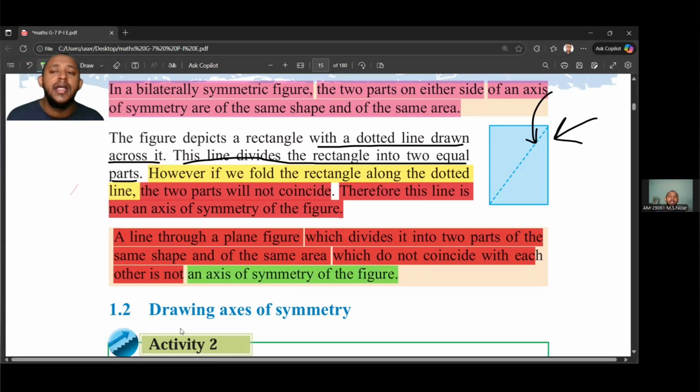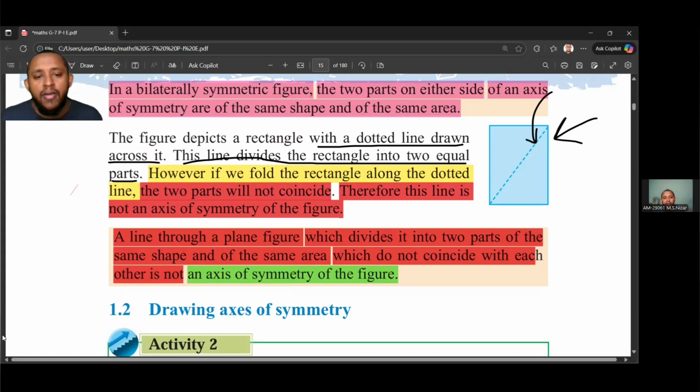You can't consider it as an axis of symmetry. It's true you will have equal parts with the same area, but if the divided parts do not coincide with each other, then you can't call it an axis of symmetry of the figure.